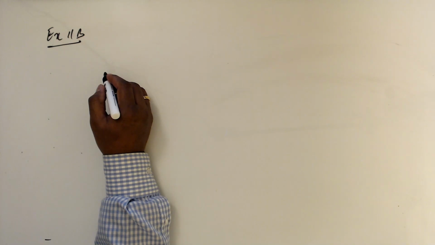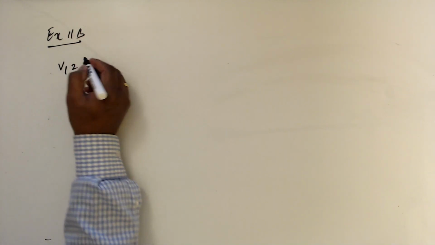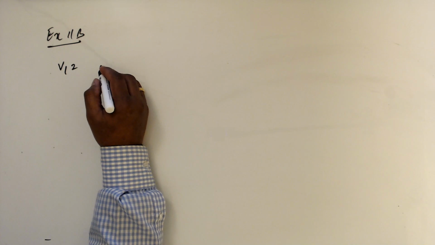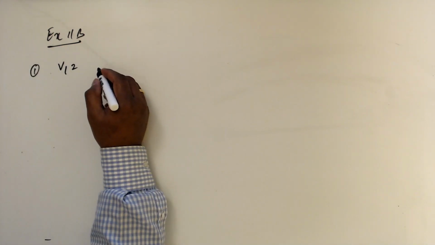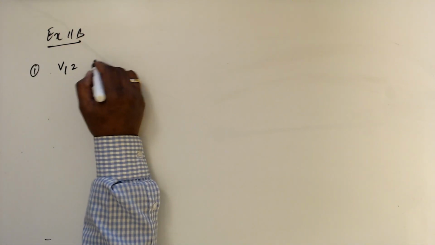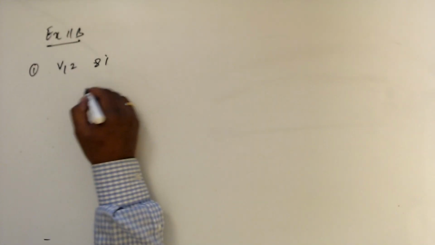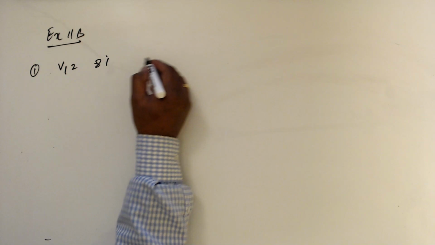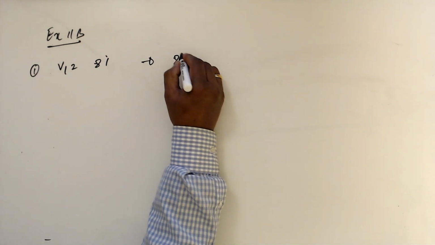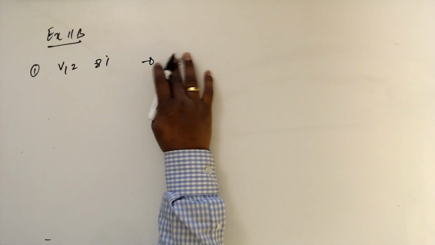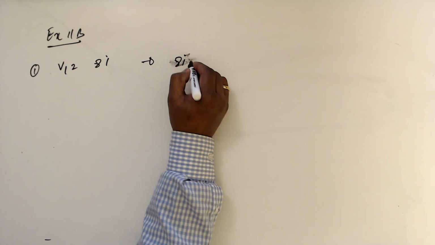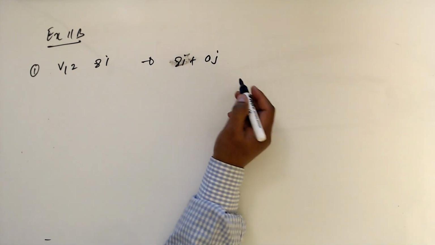Let's start exercise 7b. This is V1. Question number 1. V1 simply you can write 8i. So 8i, if I give a bit of explanation, 8i plus no j's, 0 j's.